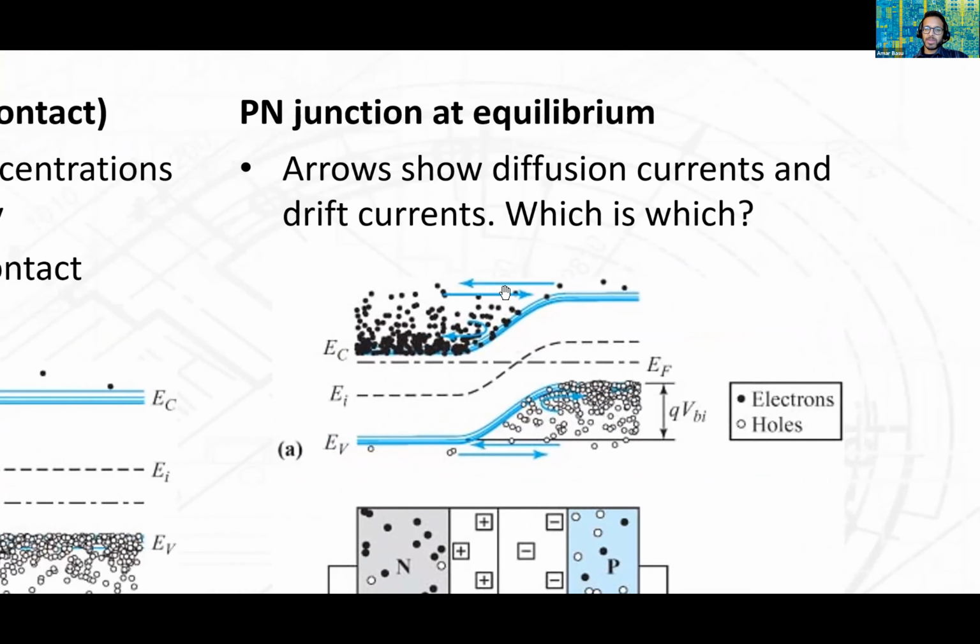These arrows are the diffusion currents. Here you can see that electrons are trying to go in this direction, but they encounter this energy barrier. Due to the drift current, they end up drifting back down in this direction. Similarly, the low energy holes can diffuse back and forth in this direction, and the lower energy ones strike the energy barrier and end up returning.